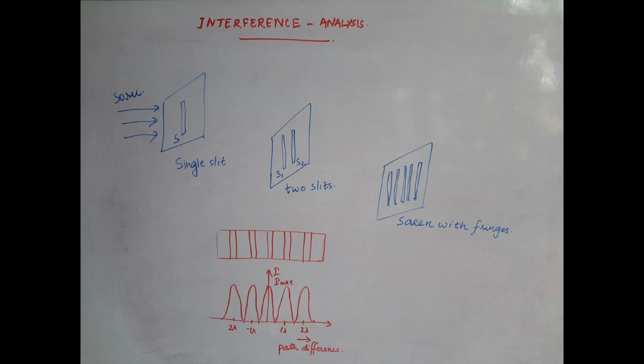This pattern shows the screen with fringes as a straight-line interference pattern. In this figure also, the path difference of 1 lambda, 2 lambda shows maximum intensity.